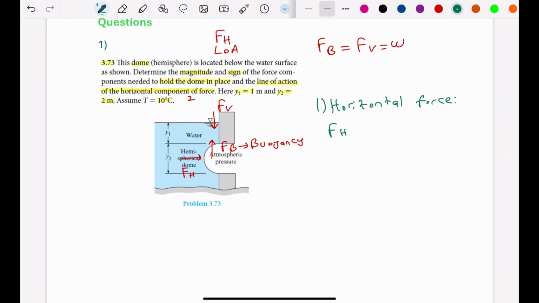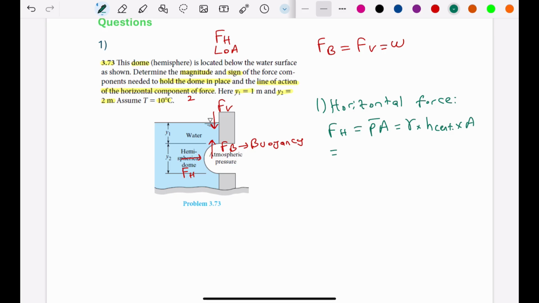So FH is actually simpler because it is just average pressure times area. And in other words, it is specific weight times depth of centroid times area.